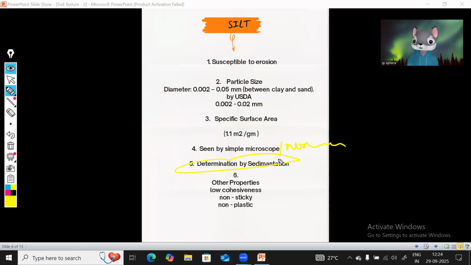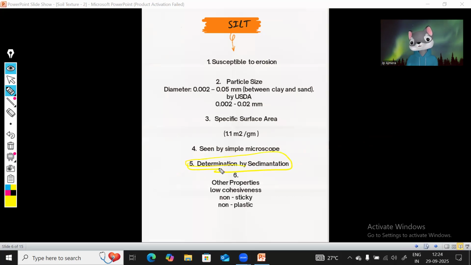Then the next thing is determination by sedimentation. What is sedimentation? Velocity depends on gravity. We're going to discuss sedimentation ahead, I think not in this lecture but in the next one.